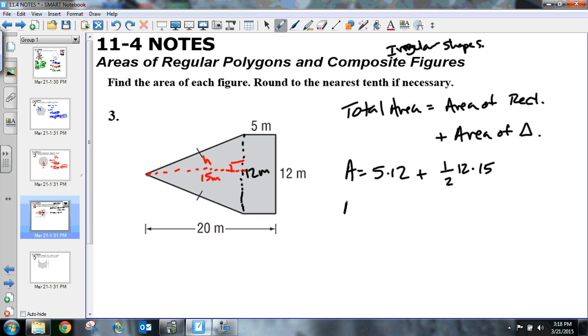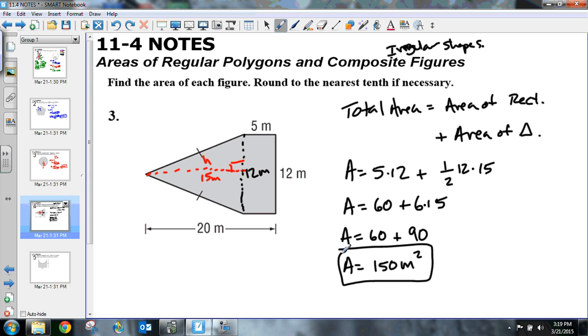Now my total area is 60 plus half of 12, which is 6, times 15. So the area is 60 plus, 6 times 15 is 90. Then our area here is going to be 150 meters squared.